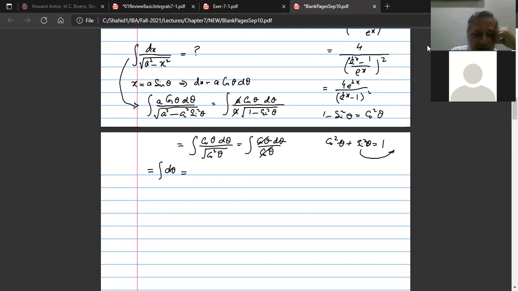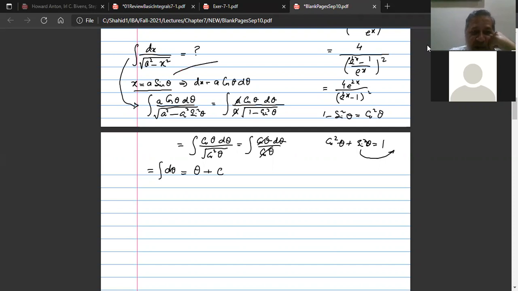That means the antiderivative is only theta plus a constant. Our result is in terms of a variable which was introduced through this substitution.